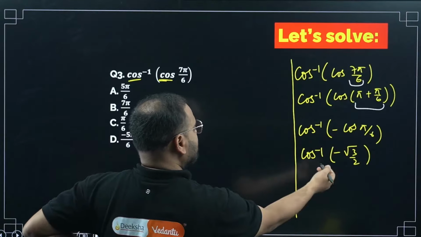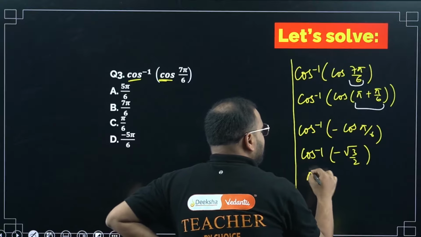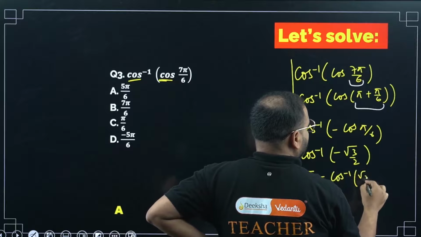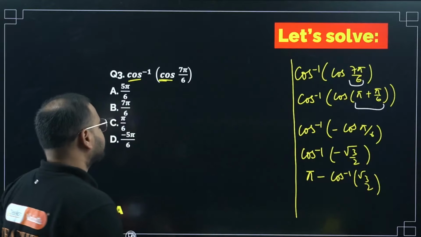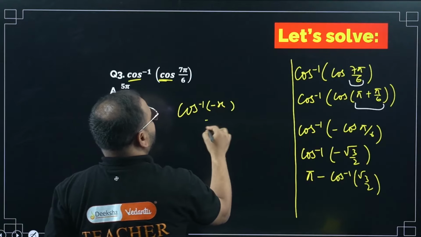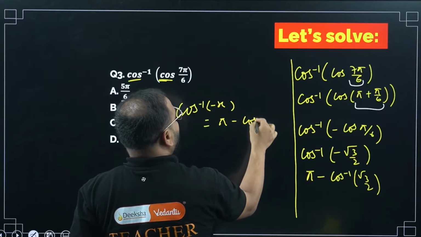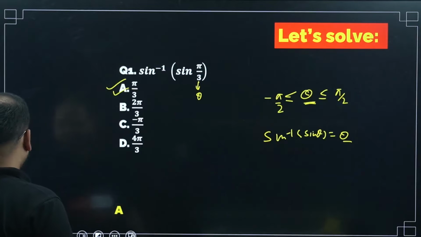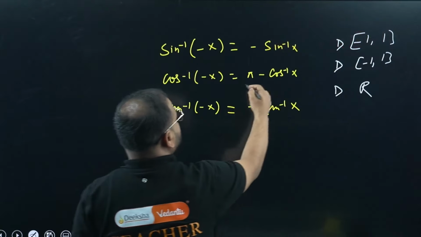Now cos inverse of minus x will be pi minus cos inverse of x. Same formula here. Remember, cos inverse of minus x will be pi minus cos inverse of x. Please check.